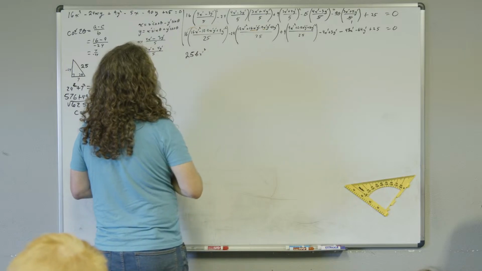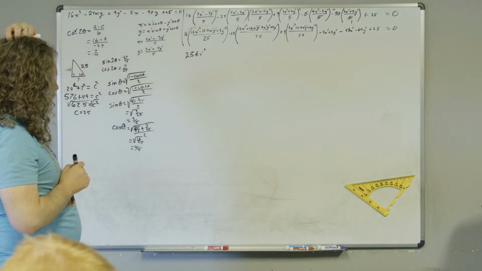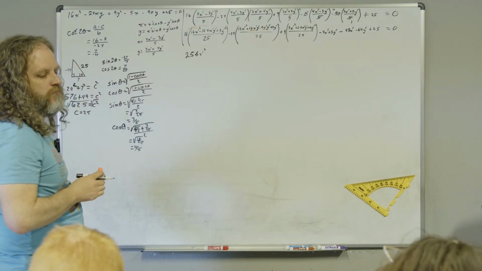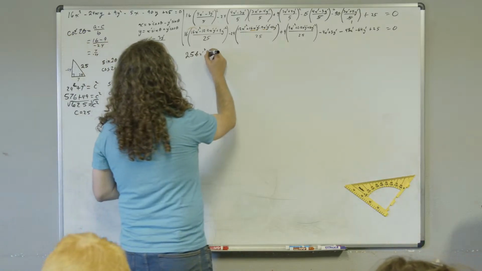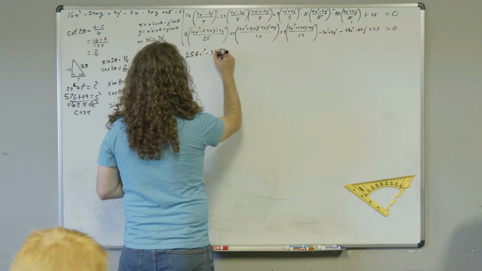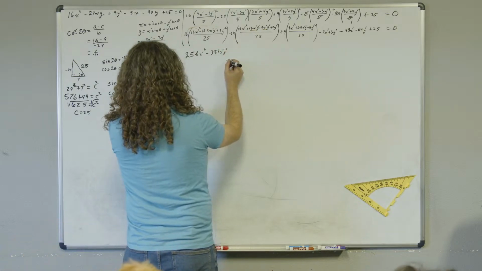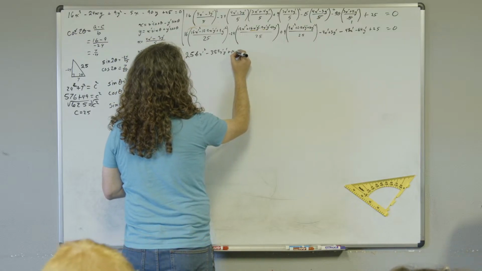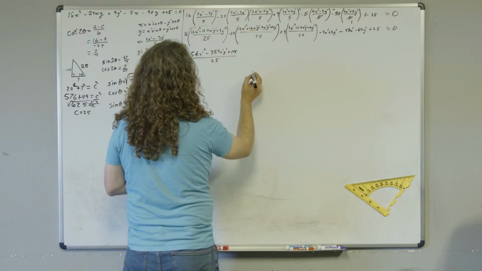Forgot the squared. 16 times negative 24 is also a whole heap. Negative 384x prime y prime plus 16 times 9, 144. That is all still over 25.